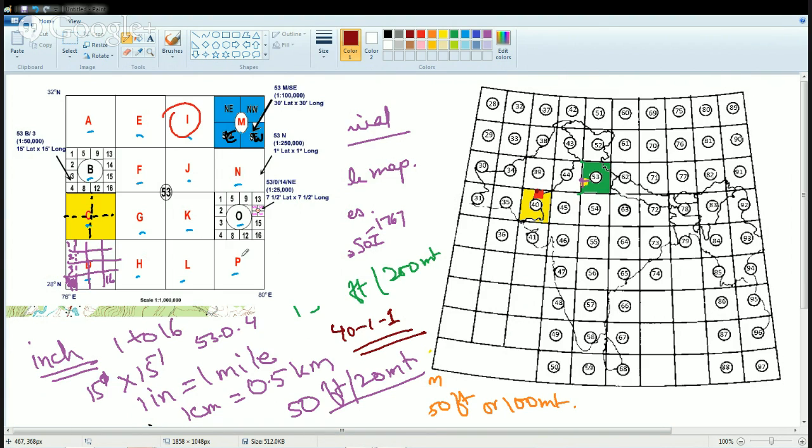Here I can give you a summary. We have the million sheet, we have the quarter sheet. Let me put it here. So here is the summary.